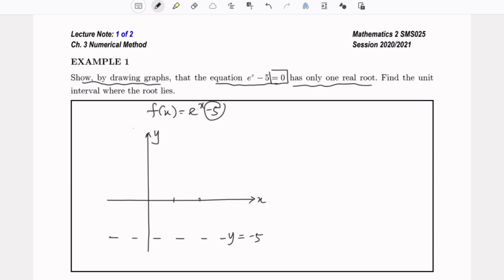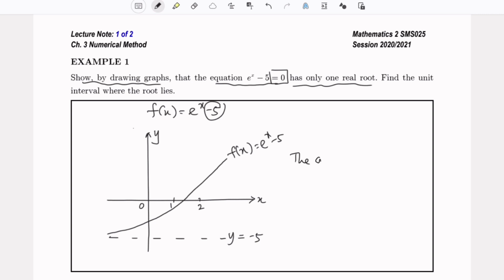Use proper scale. So sketch the graph. That's the graph of f(x) = e^x - 5. This is 1, this is 2, origin.